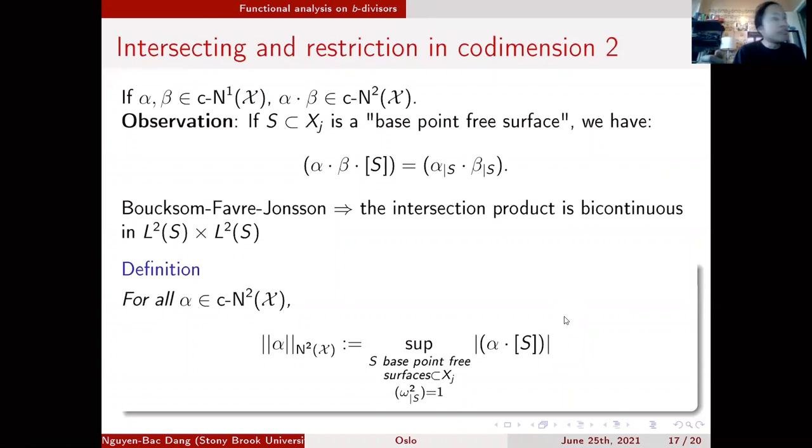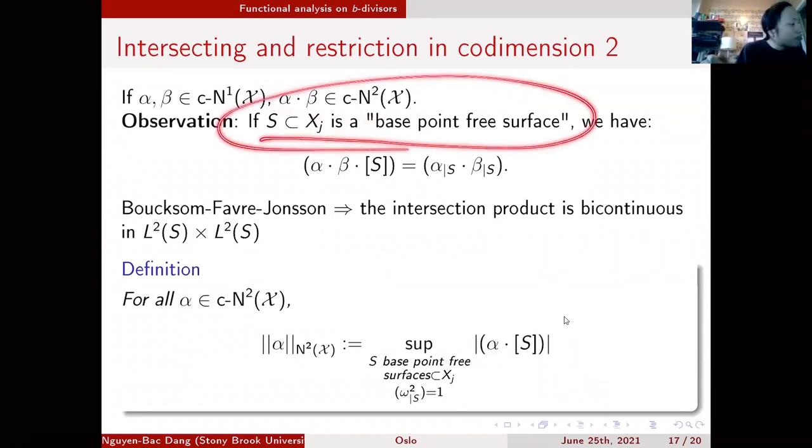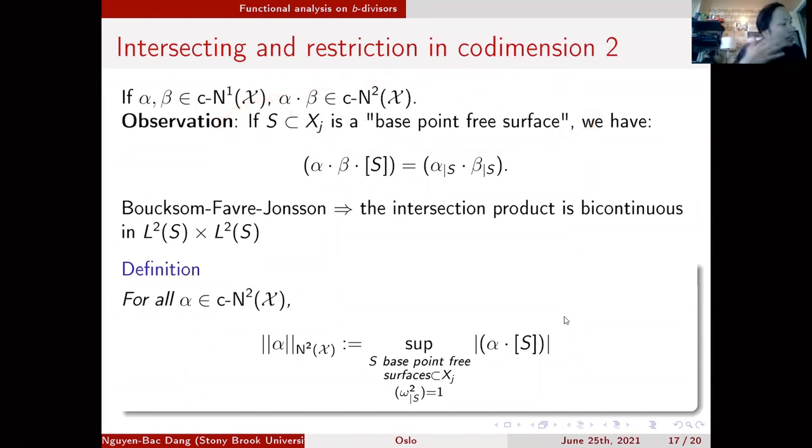The observation is the following: if you have alpha and beta two divisors, alpha times beta gives you a codimension 2 class, and if you start with a base point free surface S, as previously, then you can calculate the intersection of alpha times beta times S by taking the restriction of alpha to S and intersecting it with beta restricted to S.